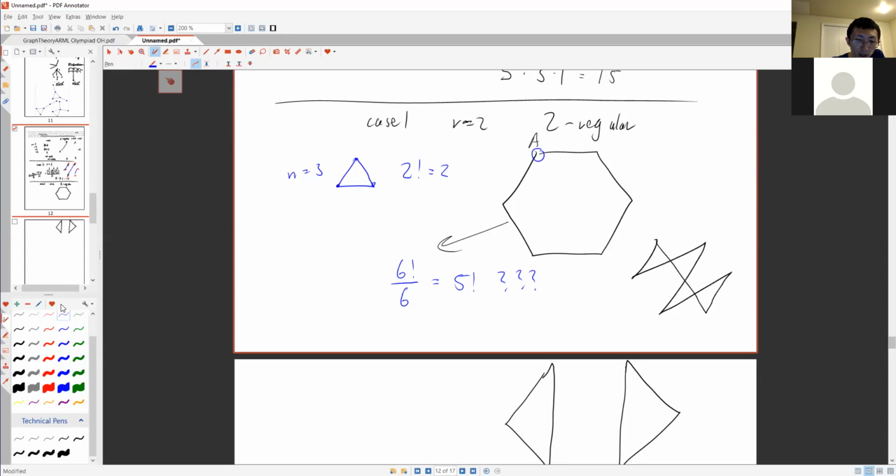Yeah, so basically, let's say I pick the path A, B, C, D, E, F, right? I can cycle this any one of 6 ways, so I need to divide by 6. But this is the same path as A, F, E, D, C, B. I could also go this way around the cycle, or I could go this way around the cycle.